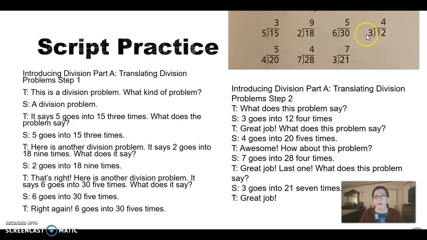All right, here we're going to do some more, okay? What does this problem say? 3 goes into 12 4 times. Great job. What does this problem say? 4 goes into 20 5 times.